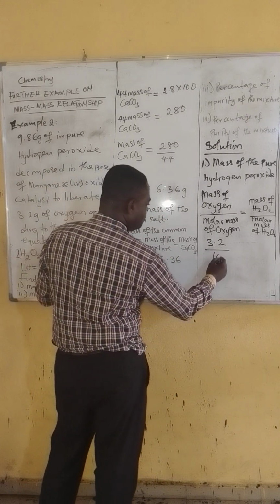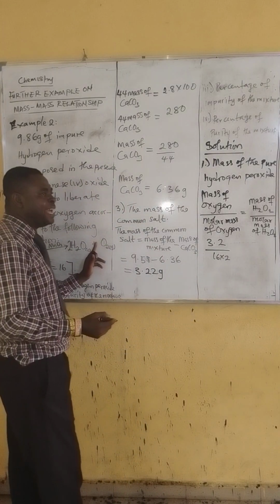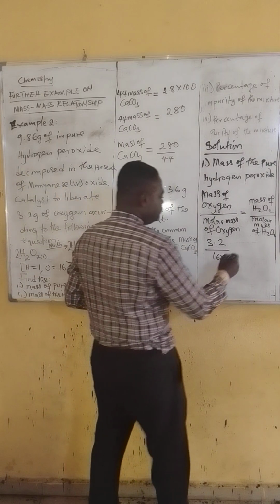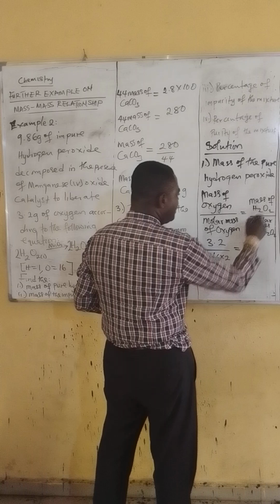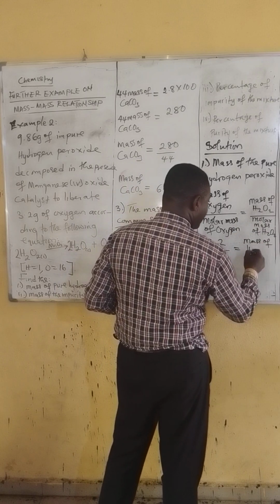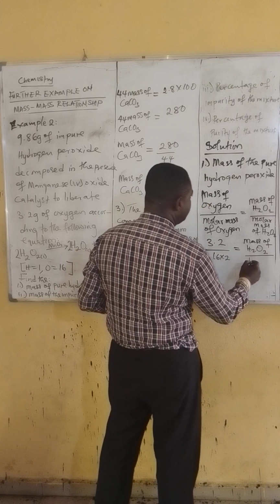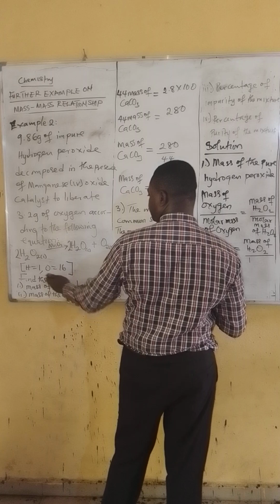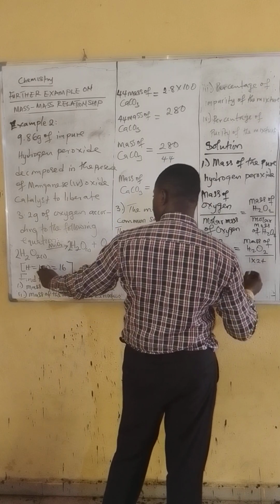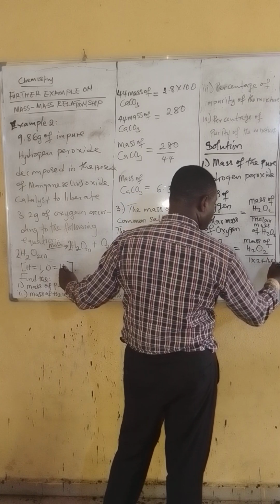What is the molar mass of oxygen? 16 times 2. Mind you, this oxygen is balanced by a number, so you also use the number to multiply what you have there. What is the molar mass of hydrogen peroxide? Hydrogen is 1, times 2 of it; oxygen is 16, times 2 also.